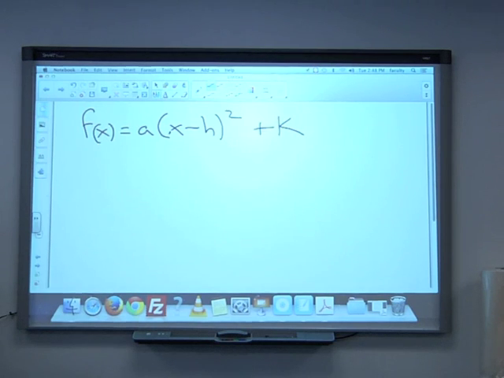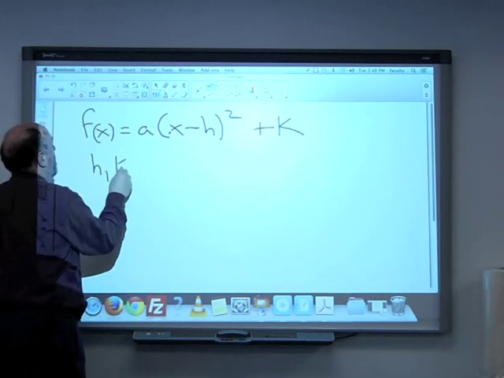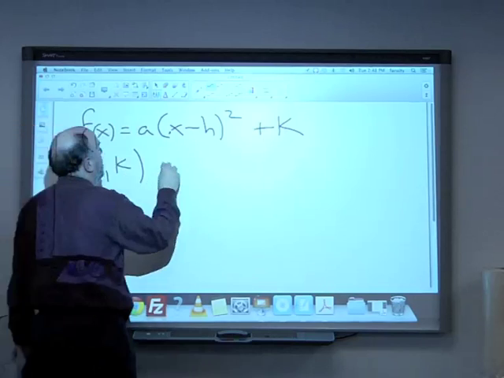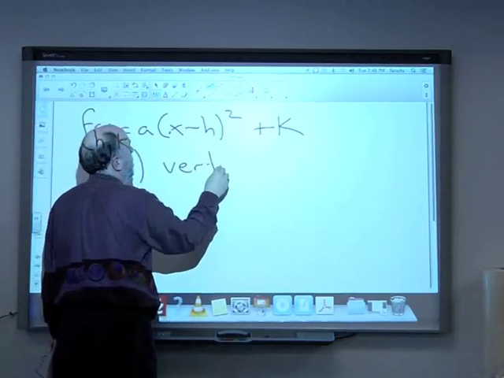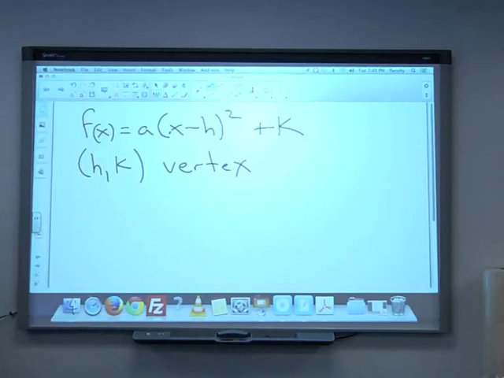What was it? ax squared plus bx plus c. Okay. So now, when the quadratic is written this way, you've got that h and k tell you the vertex. Okay.